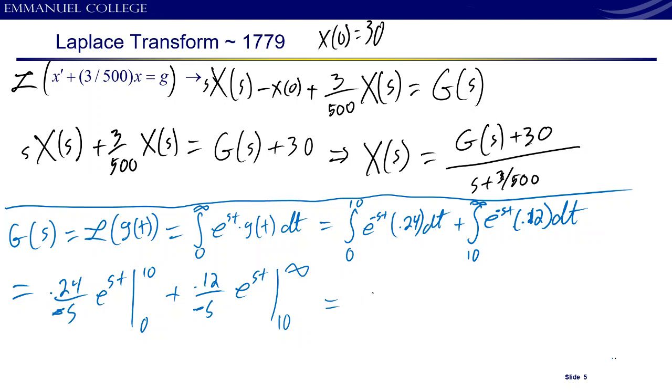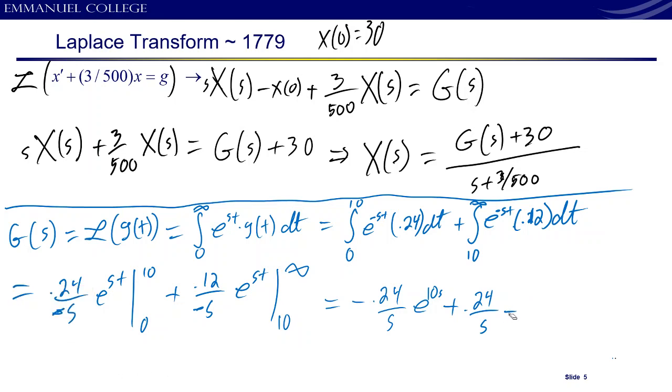So that's going to equal, and this is where it's going to get a little messy. So negative 0.24 divided by s. I'm doing my best to make those look like s's and not 5s, times e to the 10s plus 0.24 divided by s, and then plus, nope.